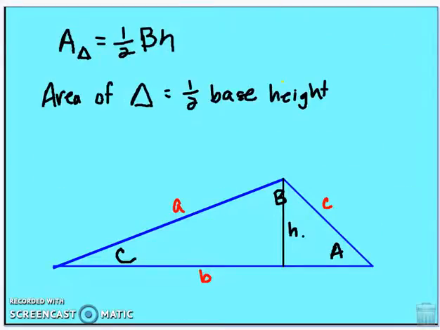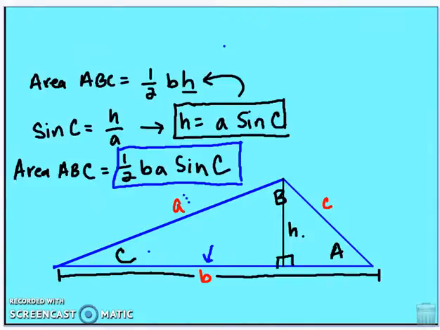All right, how does this work? We have the same triangle as before, triangle ABC, and we know that the area of the triangle is 1/2 base times height. In this case, the base is length b, and the height is h. So 1/2 h times b is the area of our triangle. Now we use what we've learned in trigonometry. The sine of C is equal to the side opposite C divided by the hypotenuse.